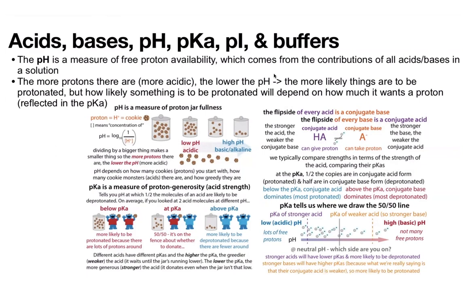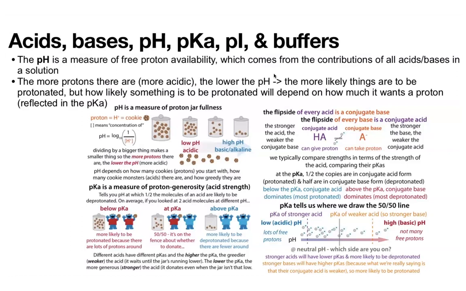But how likely something is to actually be protonated will depend on how much it wants a proton, which is reflected in the pKa. So imagine a lottery where there are really, really poor odds of winning. Each of the tickets has a really low probability of winning. Well, now you need a lot of tickets in order to win the lottery.